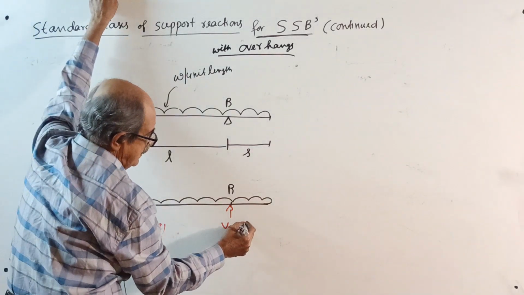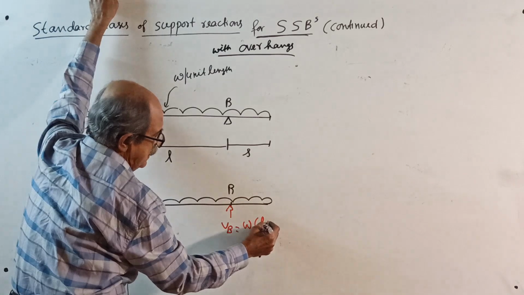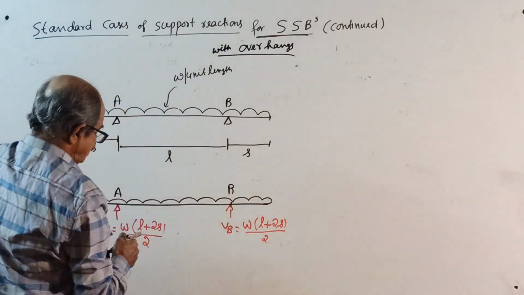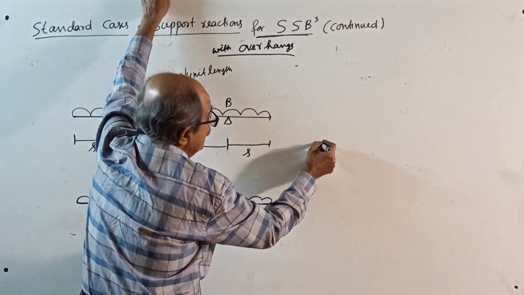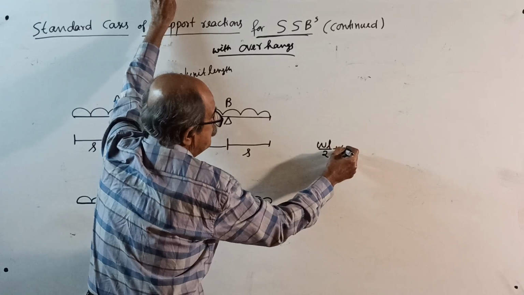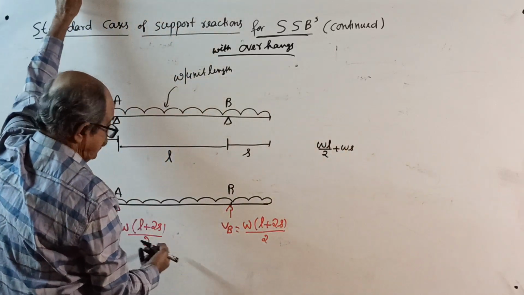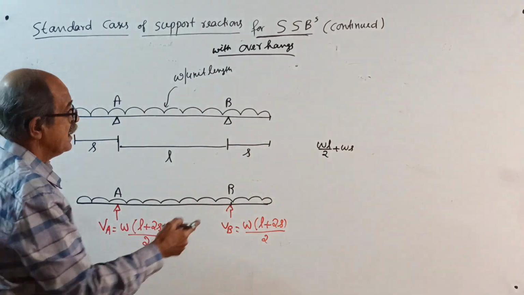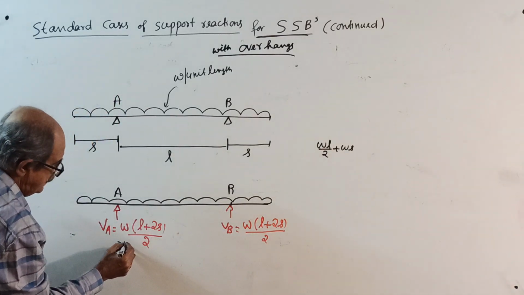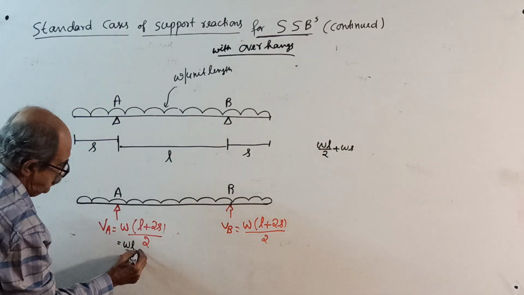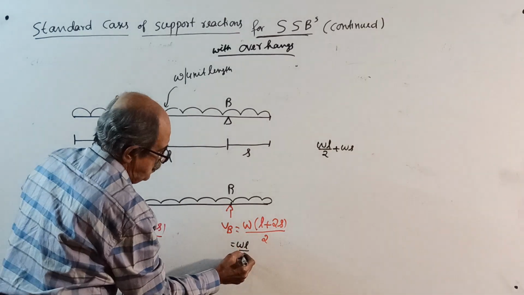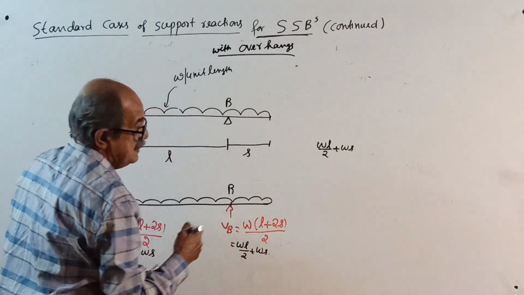Here also it will be w into (L plus 2S) whole divided by 2. These two you can also write as wL by 2 for this UDL, plus wS. Both are the same. So VA is wL by 2 plus wS, and VB also wL by 2 plus wS.